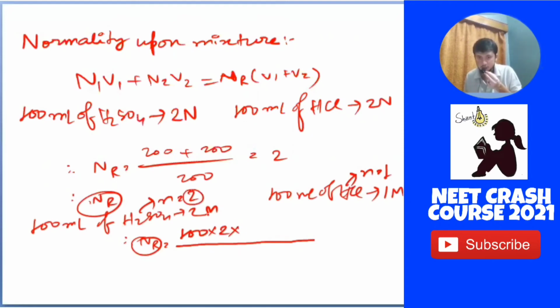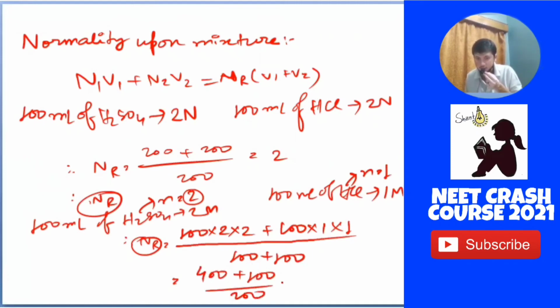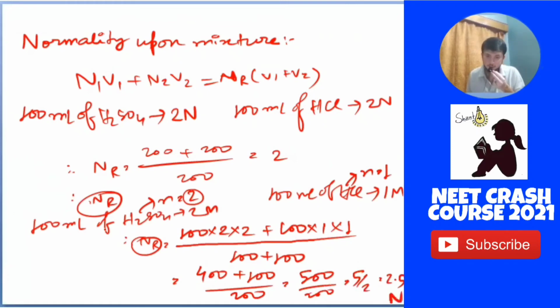That is 100 into 2 into 2, that is 400, and for HCl that is 100 into 1 into 1, that is 100, and then we divide by the total volume. So it will be 400 plus 100 by 200, that means 500 by 200, so it will be 5 by 2 or 2.5 normal. That's how we decide normality upon mixture of a solution whose molarity is given, using the n factor.